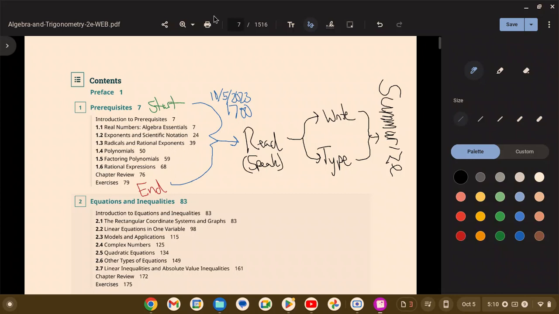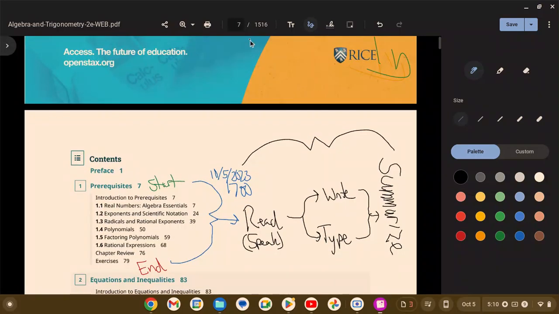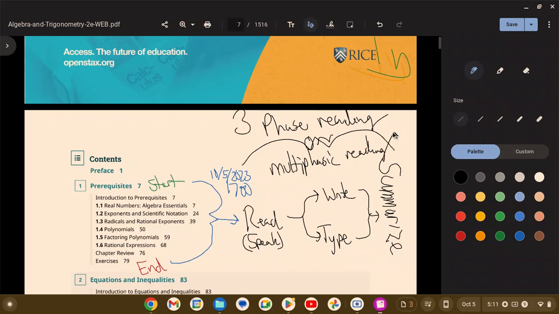And that is the first step. So it's like a 3-part process. So let's move this up a little bit. 3-phase, reading, or multiphasic. And then by reading it out loud through the spoken word, it's like exposing my whole body to essentially the imprint that is the book.